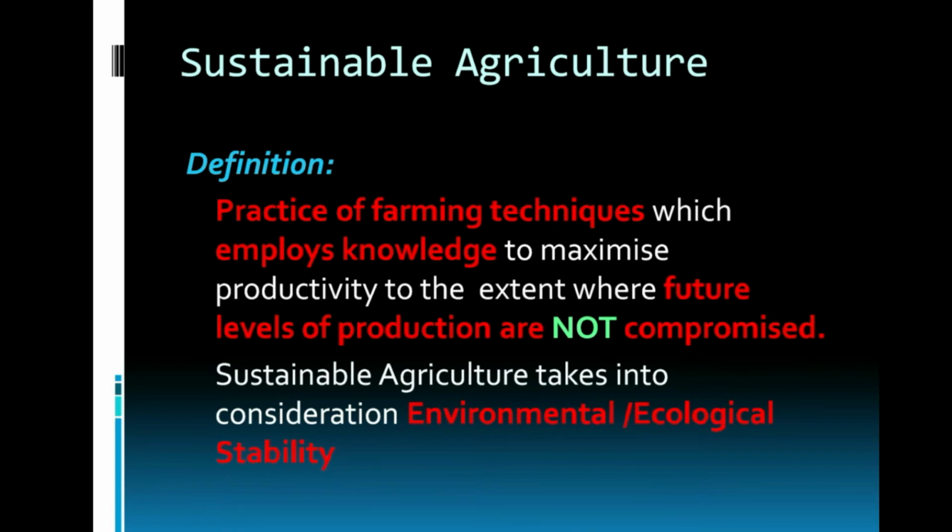And by definition, you must bear in mind it is a practice of farming techniques which employs knowledge to maximize productivity to the extent where future levels of production or even our future generations are not compromised. Now, if the future generation is compromised or the level of productivity is compromised, obviously, class, that practice is not sustainable. And we must bear in mind that it takes into account the environmental stability.